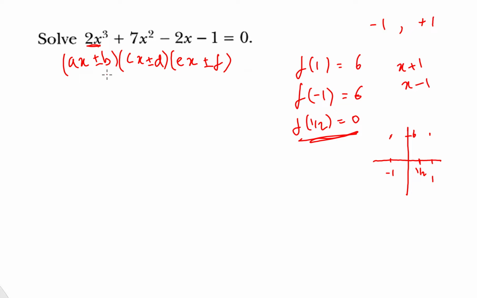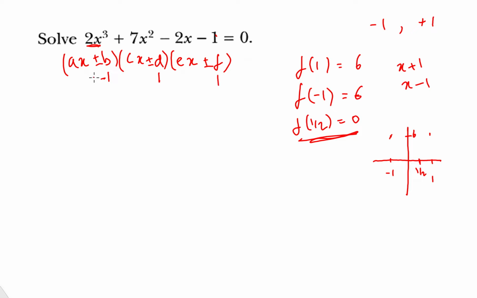They're going to be either plus or minus 1, plus or minus 1, plus or minus 1. Some combination so that when you times them, you get negative 1. Okay, so let's just say it's minus 1, 1, and 1. We also know that 1 of A, C, or E has to be 2, because we know that A times C times E must be 2, because when we expand this, the cube term is going to be generated by these first 3 terms.